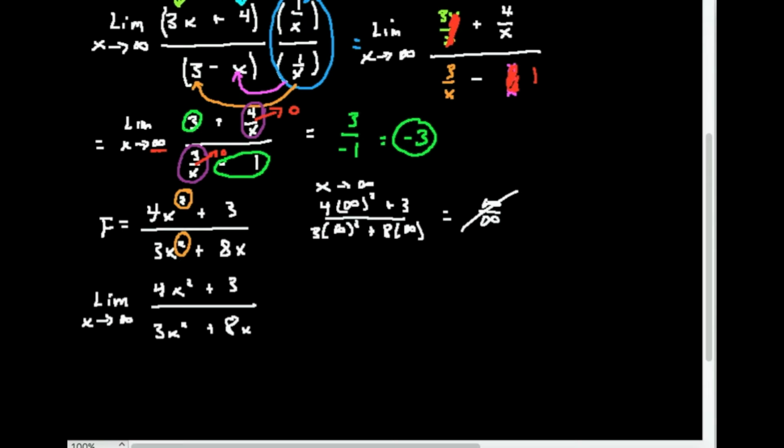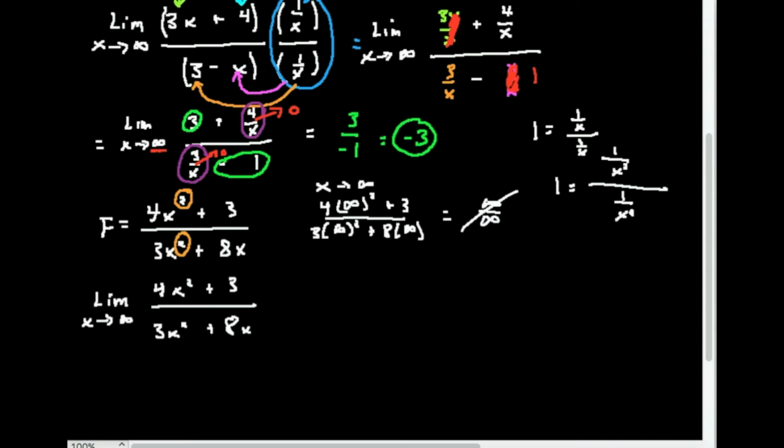So because the highest number here is a 2, my fancy 1 is not just going to be 1 over x divided by 1 over x as it was up here. I can actually do this as 1 over x squared divided by 1 over x squared. So my question is, is 1 over x squared divided by 1 over x squared 1?